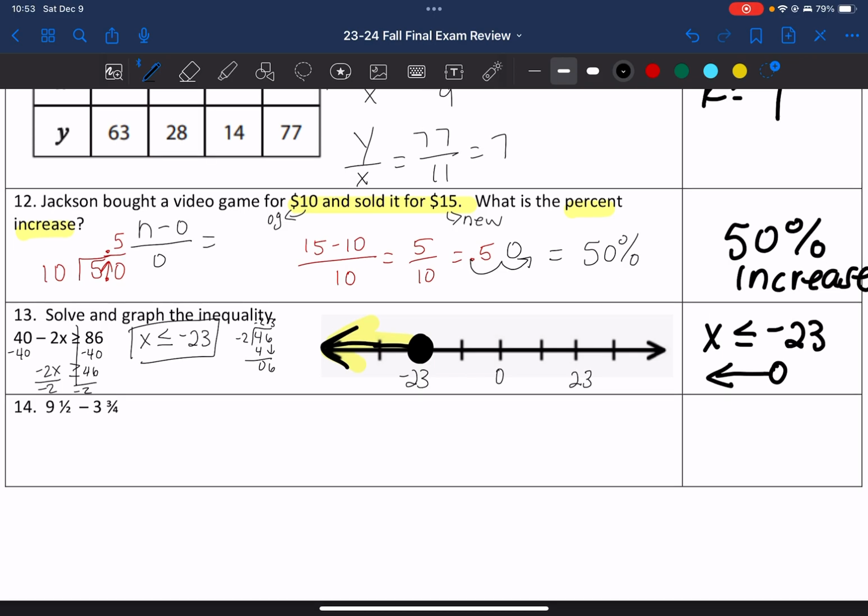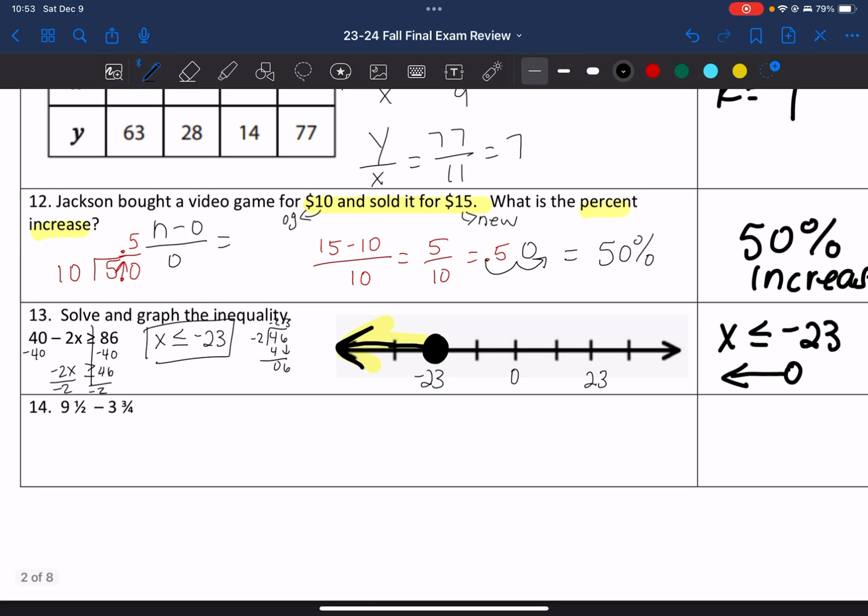Okay, number 14 says 9 1/2 minus 3 3/4. Now remember, there's two ways to do it. You could totally do it this way, okay, or you do it like this, and you find your common denominator. So basically what this turns into would be 9 2/4, and this would be minus 3 3/4.